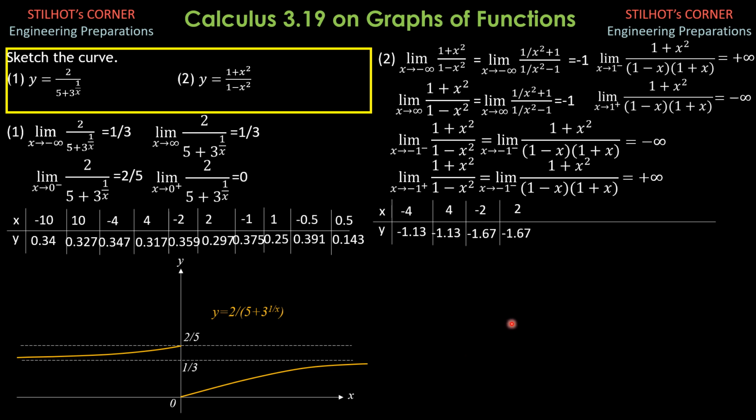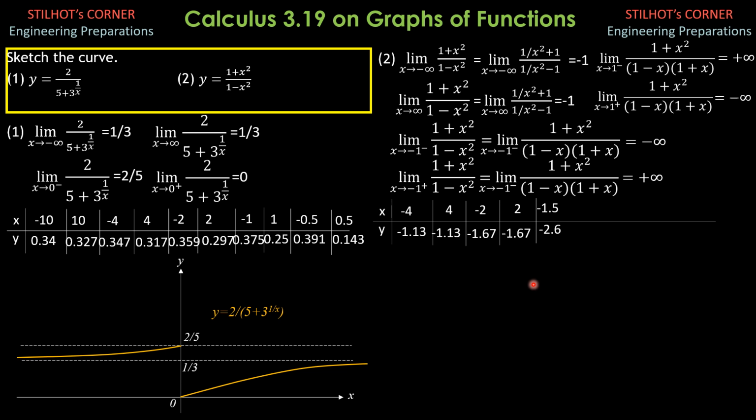Then when x approaches negative 1 from the left it is negative infinity. So the graph looks like this for this region. Then for this region here, when x approaches negative 1 from the right, it comes from above, positive infinity.